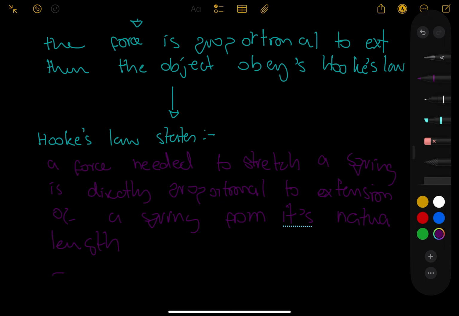And it can also be written as force F equals K delta L, which we're going to elaborate on in a second.